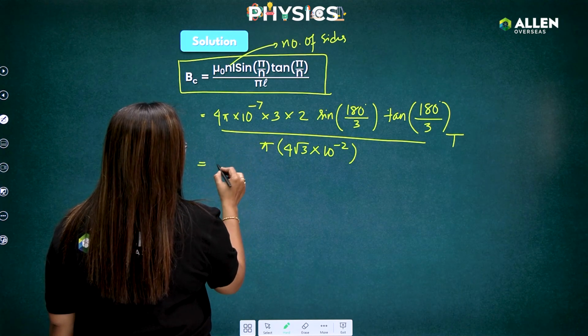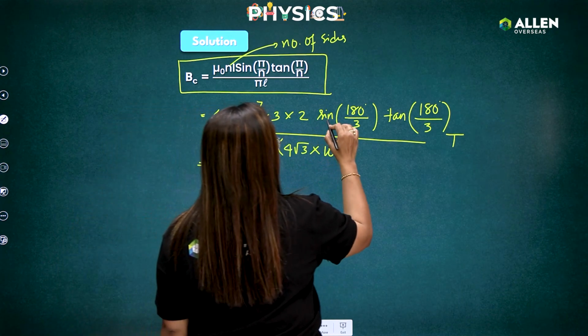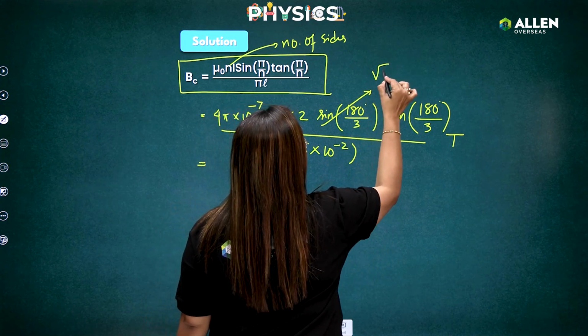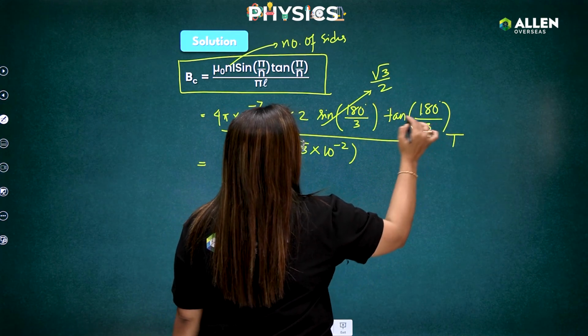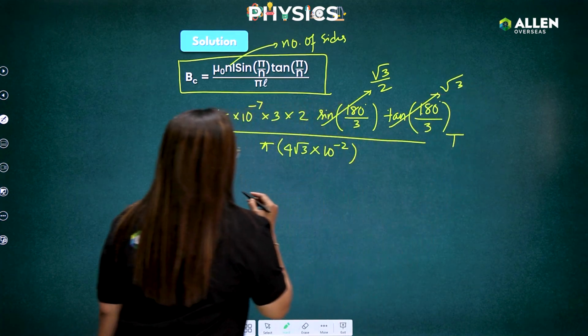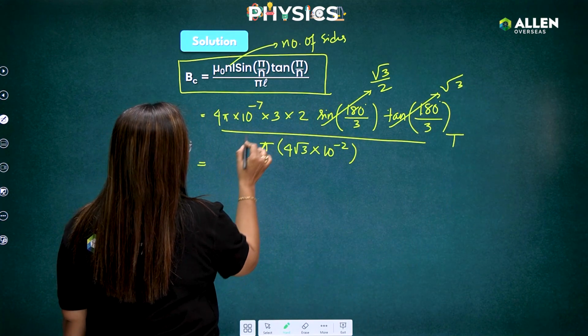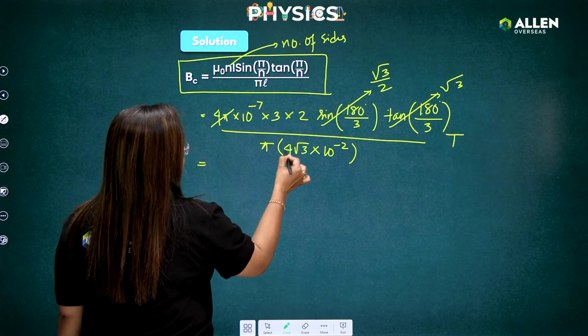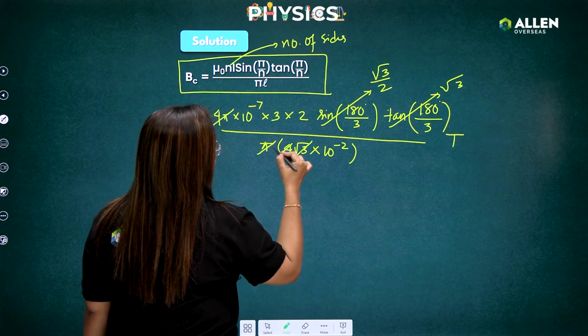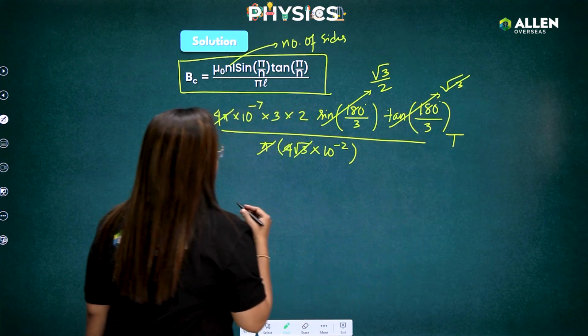So as the next step, we are going to extend this. Sine 180 by 3 is sine 60, which is going to give us root 3 by 2. Tan 180 by 3 is tan 60, that is root 3. Now let us write it down. This 4 pi and this 4 pi are getting cancelled. Then again this root 3 and this root 3 are going to be cancelled.